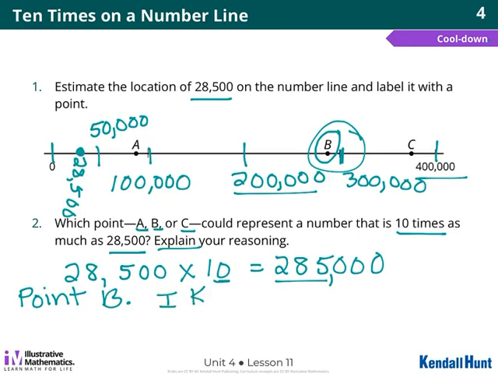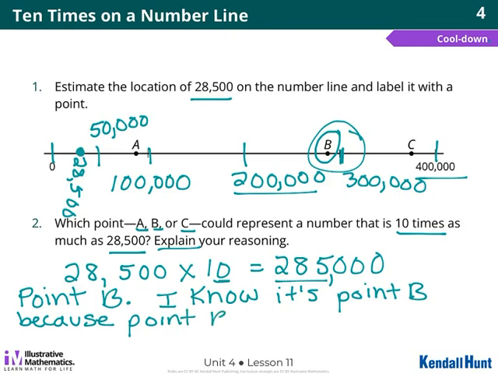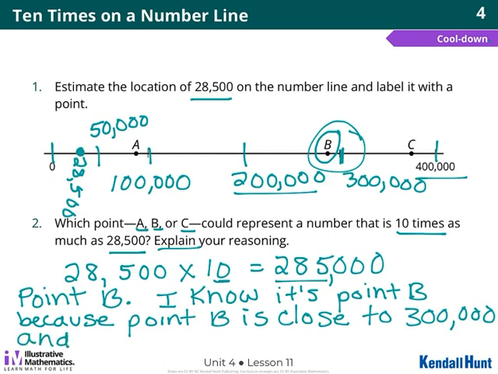So I know it's point B. I know it's point B because point B is close to 300,000 and 285,000 is almost 300,000.